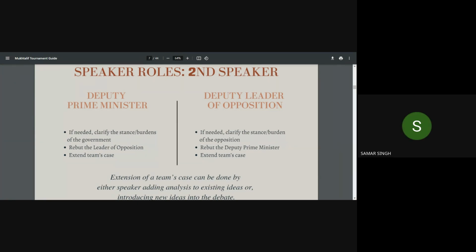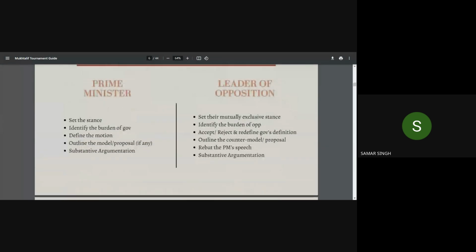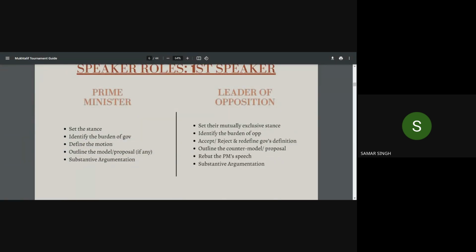Yes, Gaurav. Sir, I had a question: what do they exactly mean by the phrase the burden on the opposition or government? Can you elucidate on it? Okay, so the prime minister and the opposition in the second point identify the burden.